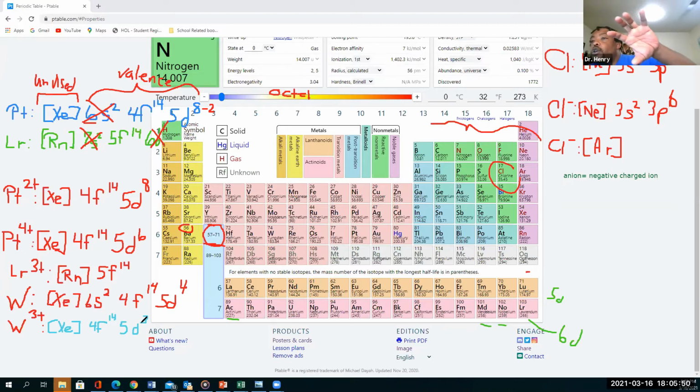You always remove from the highest energy level, because remember, you're going backwards because you're losing electrons. You're not putting electrons in. All of this is called electron configuration. So if this is a 3+, you're losing 3 electrons, and you're going to take away from the highest one first, and then you start with the next highest.